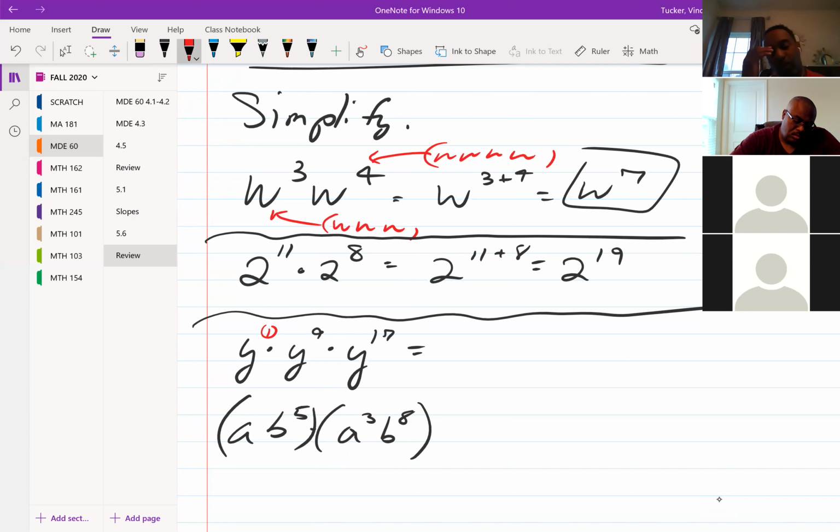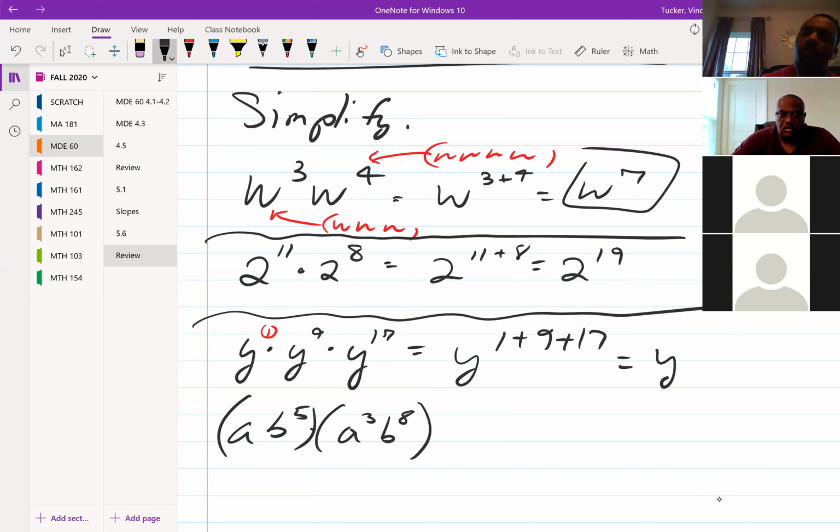Remember, we talked about it in one of our last rules that if you don't see anything there, it's a 1 there. So that's 1 plus 9 plus 17. That's 27.